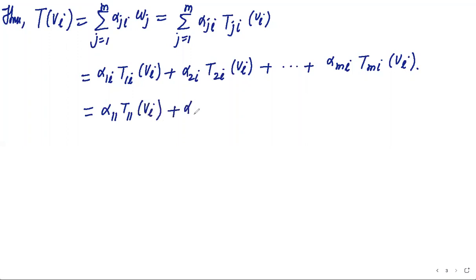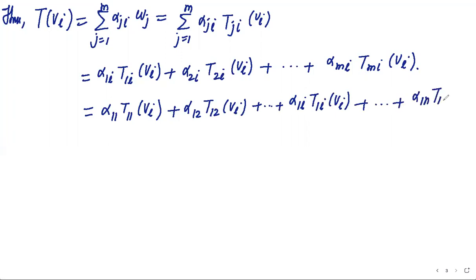Then alpha of 1 2 T of 1 2 vi. Then so on. तो इसी तरह से बीच में एक टर्म ये भी आ जाएगी alpha 1i T of 1i vi. Then so on alpha 1n T of 1n vi.